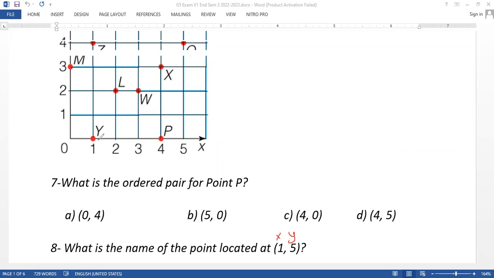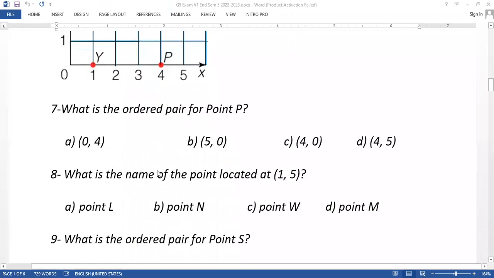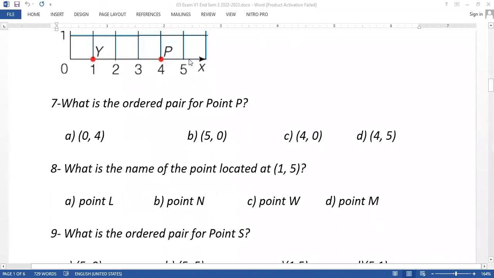So from the origin, I go 1 to the right and 5 up: 1, 2, 3, 4, 5. So 1, 5 is N. Point N.